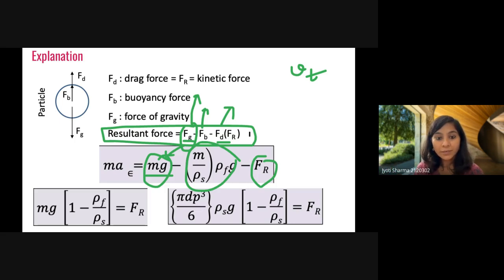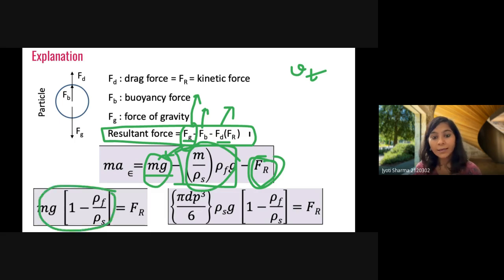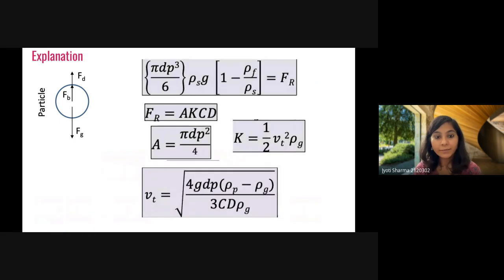So it means Fd will be equal to this term, and this is how we are doing some reshuffling. Then we know that F is equal to A K CD, and we also know about this formula. If we put this in, we will get this equation.